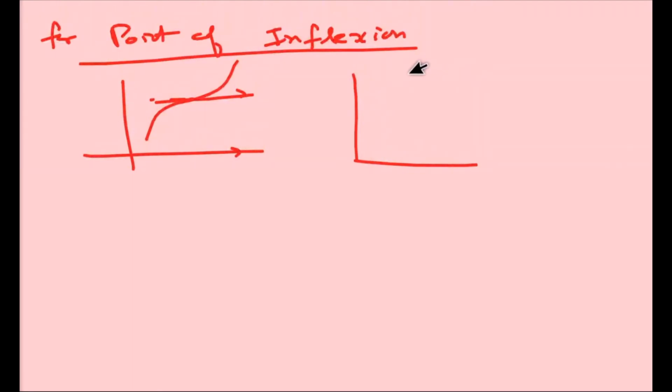Tangent is parallel to x-axis and also crosses the curve, and the sign is not changing. So the condition is dy by dx equal to 0.